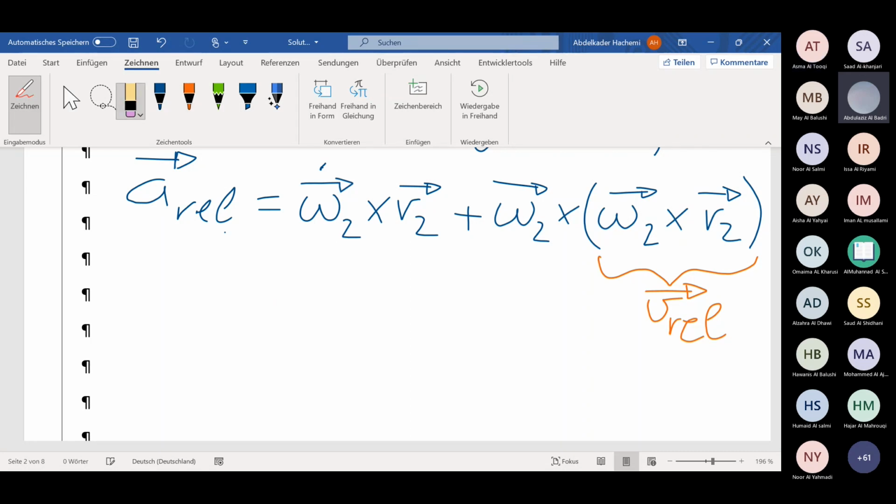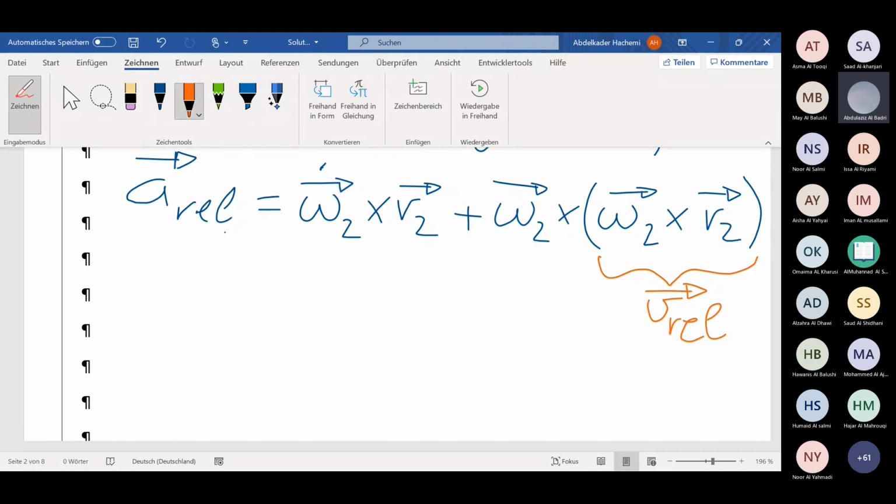okay? Additionally, what we have in the exercise is that it said that the disk rotates with constant angular velocity omega 2, okay?